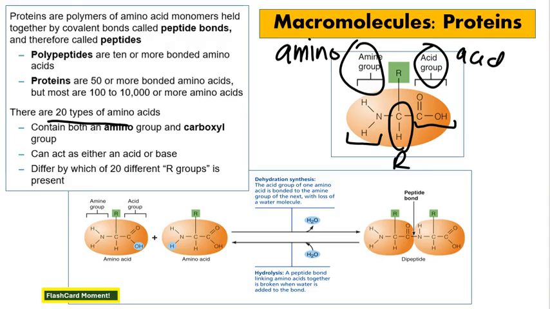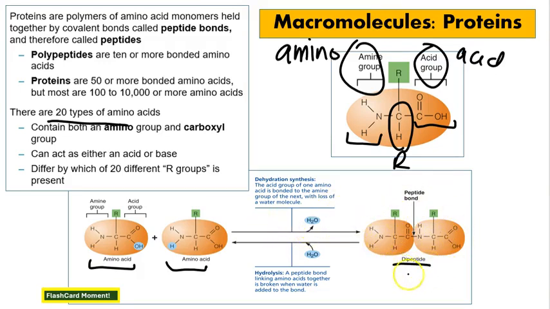Okay? So polypeptides, again, are going to be many amino acids bonding together due to a peptide bond. It's still the same dehydration synthesis. It's just named differently because, again, we're focused on proteins. So, for example, I have amino acid here, I have amino acid here. I have my double arrow for my reaction. And if I'm losing water, then I'm going to create a peptide bond.